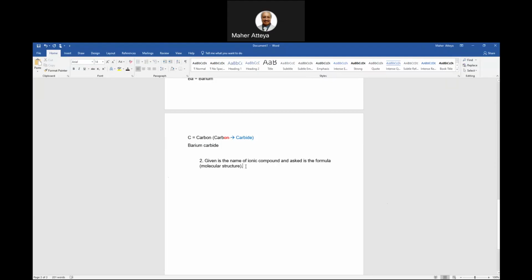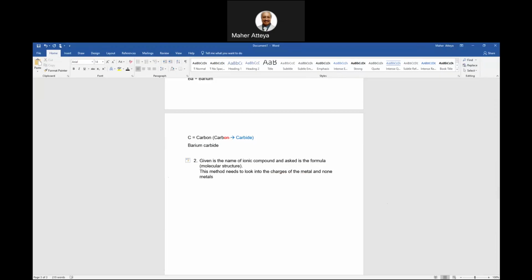This approach, this method, needs to look into the charges. You have to look into the charges of the metals and non-metals.